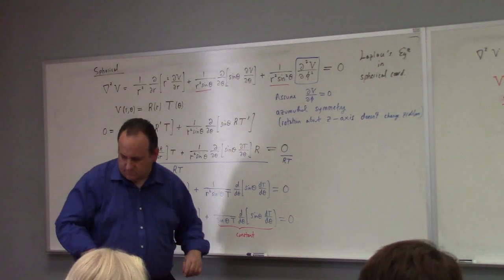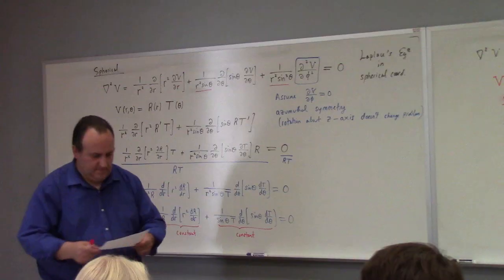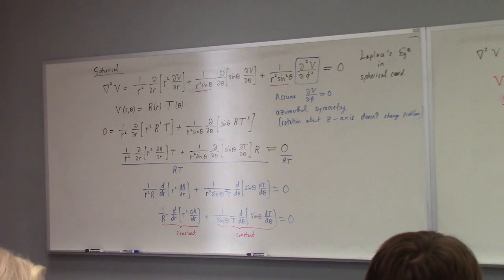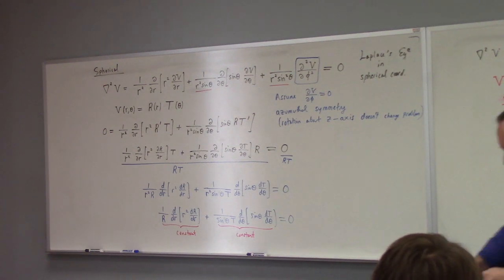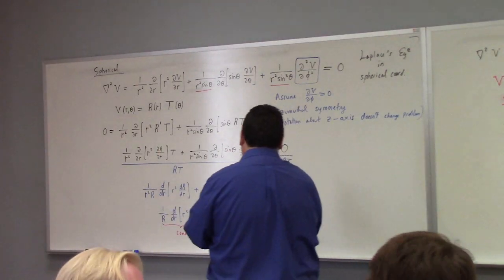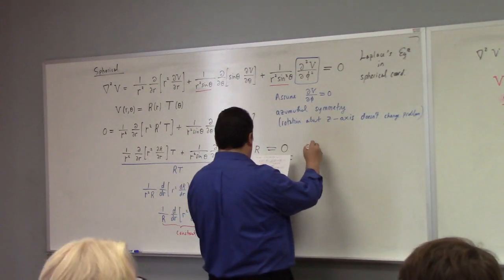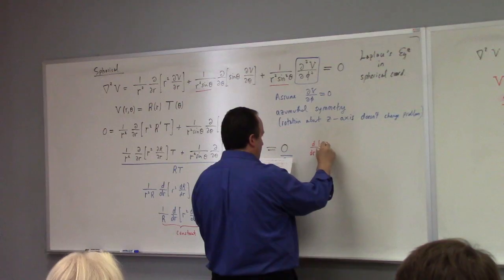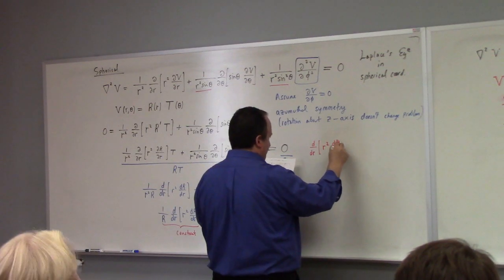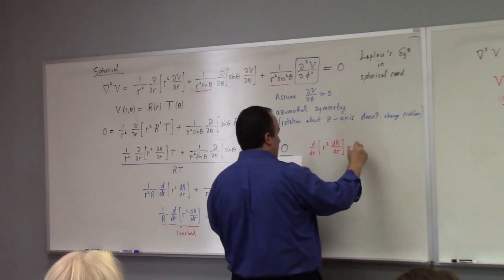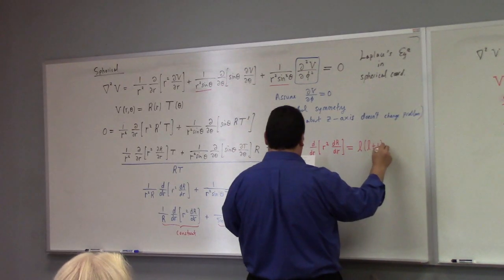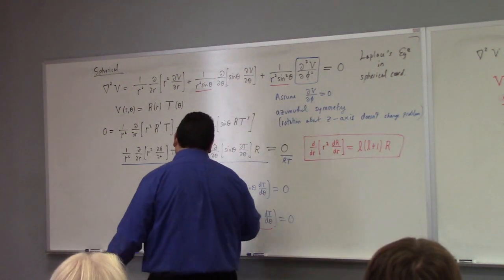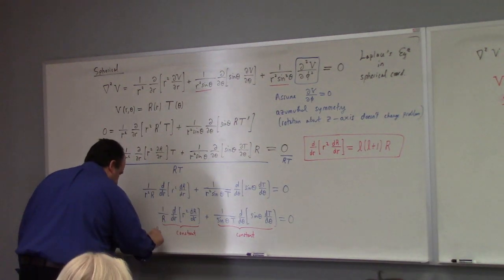So then, following Griffiths, we let d/dr of r squared dR/dr equal L times L plus 1 times big R. So in other words, we make this constant L times L plus 1.